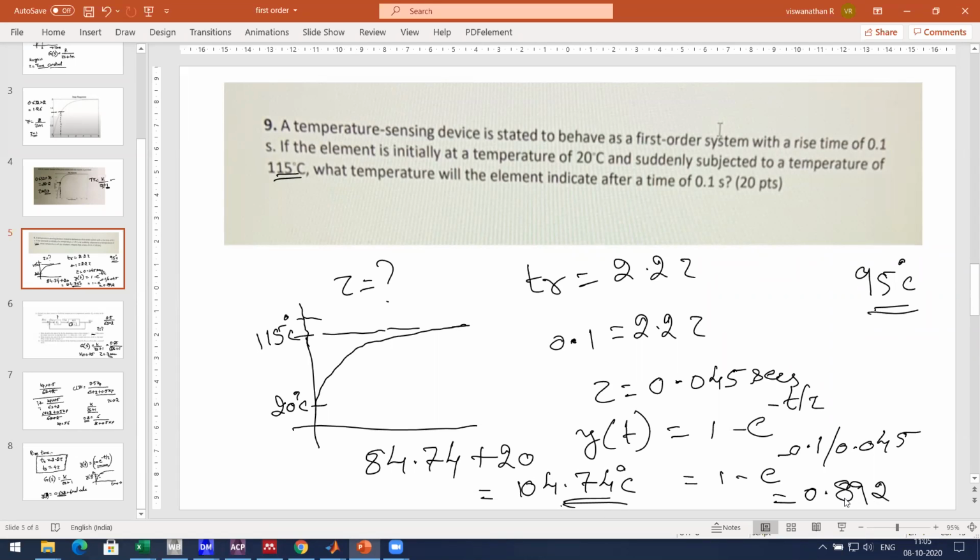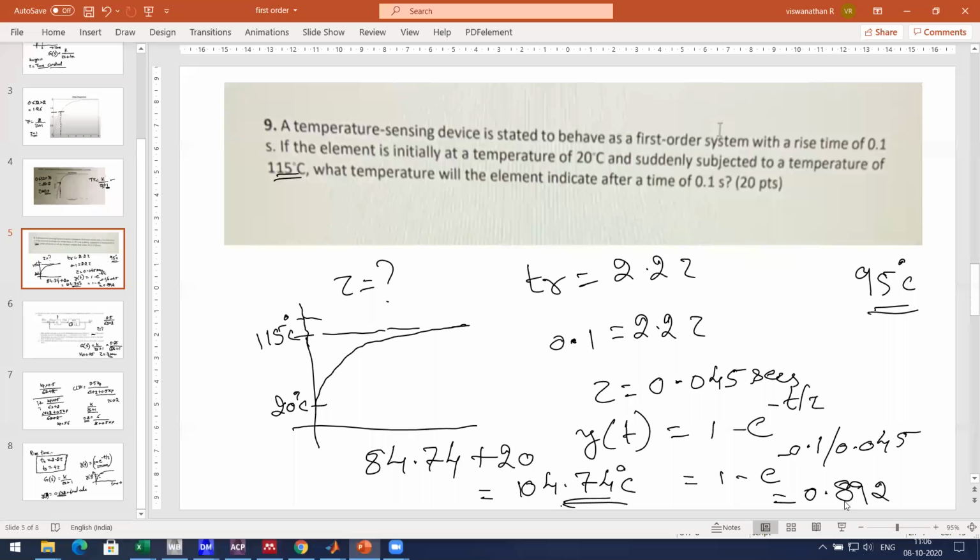Or you can do this 0.892 into 115 itself. So what you have done here is, t is 0.1 seconds, given here. From the rise time you calculated the time constant. So 1 minus e to the power minus 0.1 divided by 0.045 is 0.892.